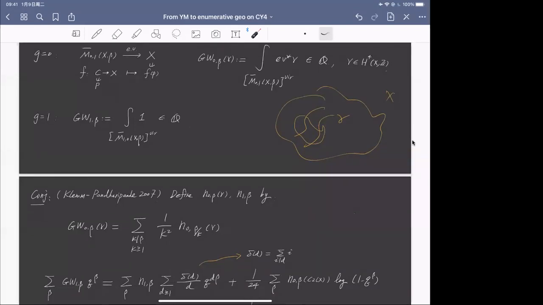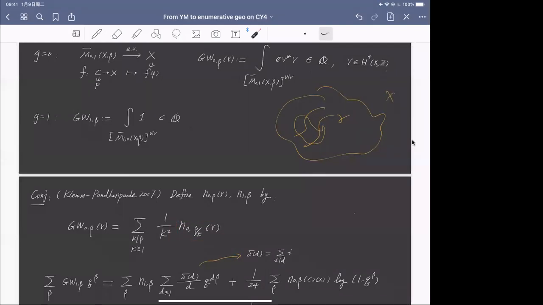The right-hand side is a sum over all k which divide β. This divides means that I consider a positive integer k such that β over k is an integer-valued homology class. So there is only a finite number of such k's. And then I put a 1 over k squared here. Then I put something I want to define here, n_0 of β over k.